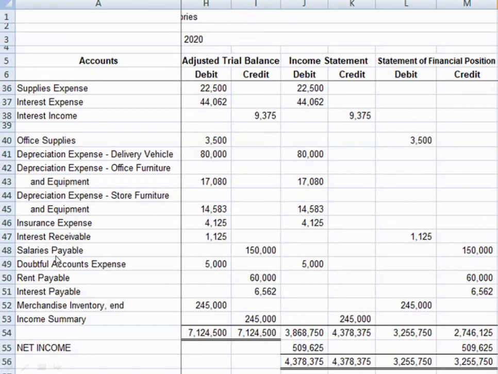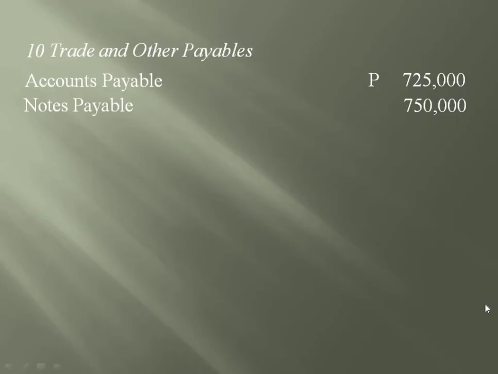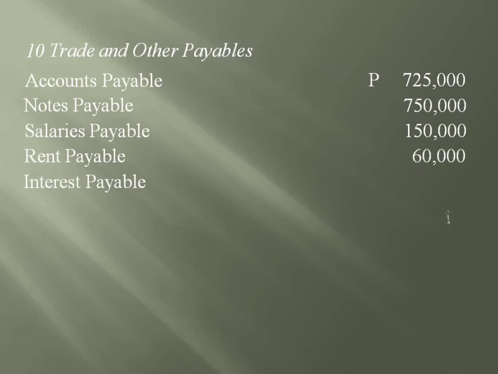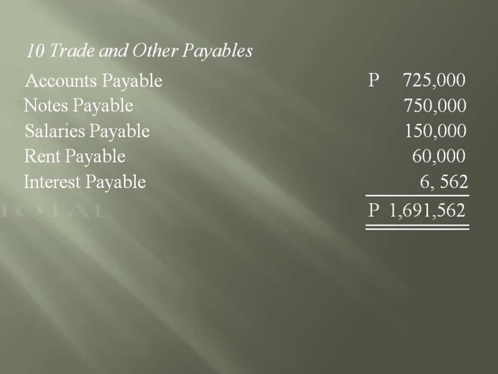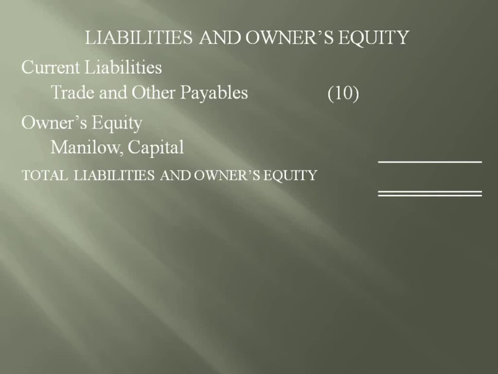Salaries payable, 150,000. Rent payable, 60,000. Interest payable, 6,562. Additions to note number 10. Total, 1,691,562. Again, to be brought forward to the statement of financial position.